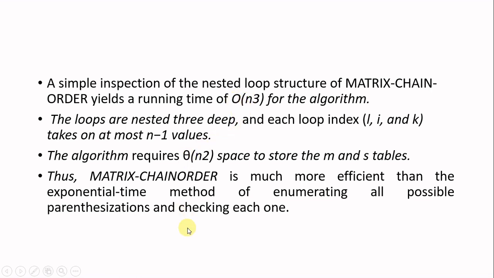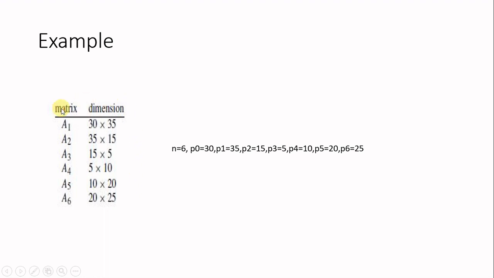Then one example. Here matrix A1 is 30 by 35, A2 is 35 by 15, A3 is 15 by 5, A4 is 5 by 10, etc. So matrices A1 to A6 are there, and our input sequence is P0, P1 to Pn.